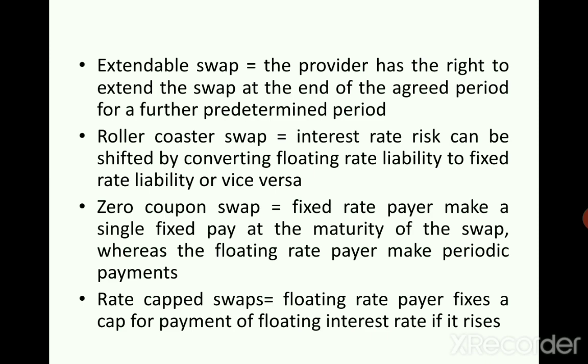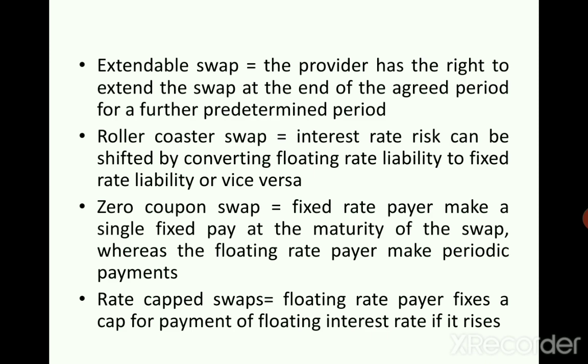Now we come to the next, seventh one, zero coupon swap. From that word itself you have to understand what the meaning of zero coupon swap is. This is a variation of the plain vanilla swap, that means interest rate swap, where the fixed rate payer makes a single fixed payment at the maturity of the swap.